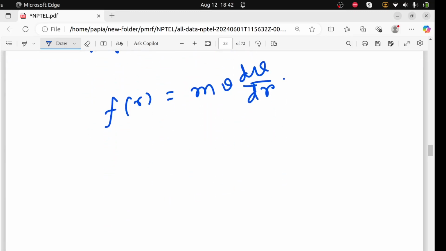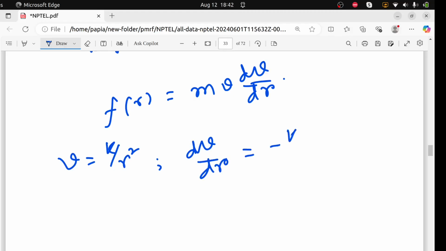Right? So I have v as k by r squared. So I have dv/dr as minus this.